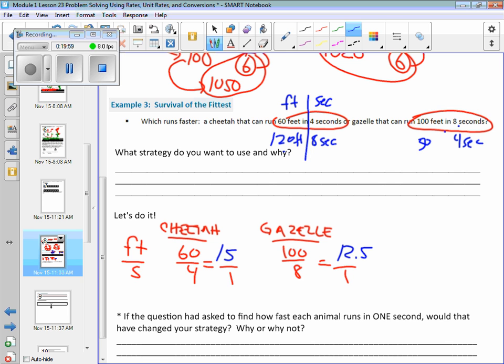What did you do in your head? Right, so you wound up splitting this in half. You made an equivalency ratio, 50 in 4 seconds. You split 8 seconds in half and made 4 and split 100 in half, right? And then you can compare 50 to 60 and realize 60 is faster. I mean, even when you do it in your head, there's a strategy being used.